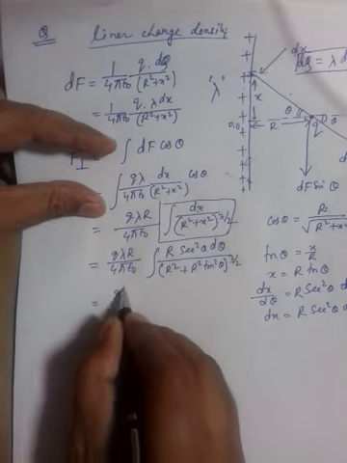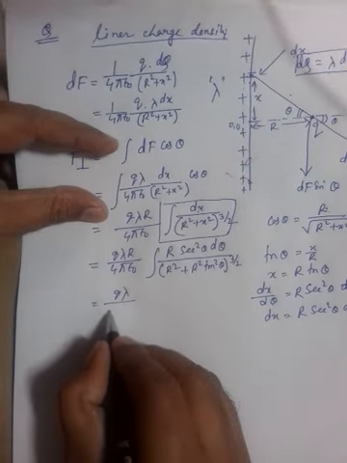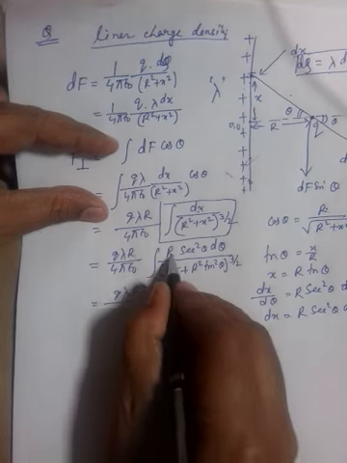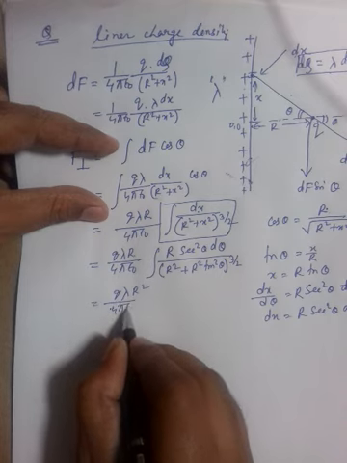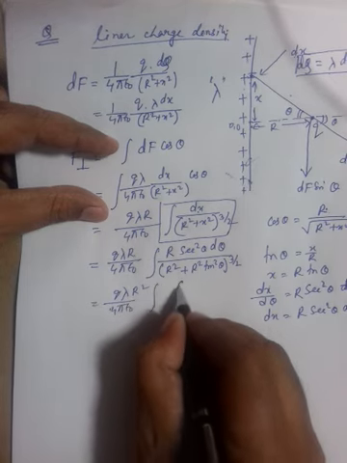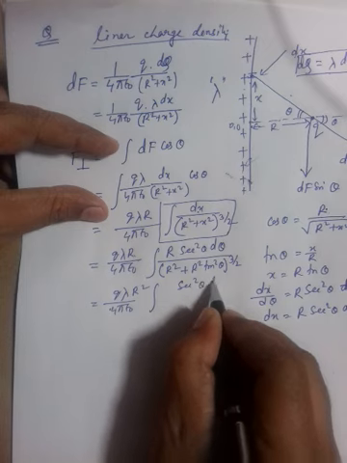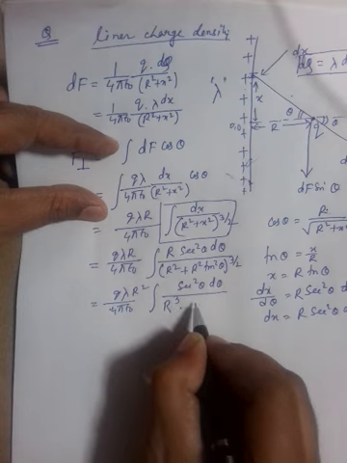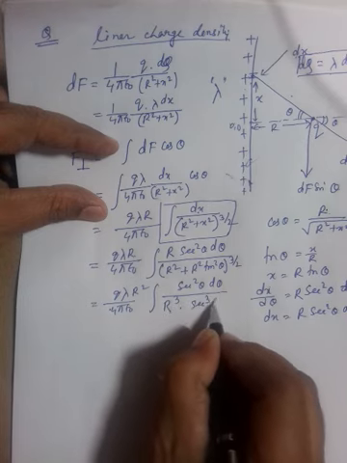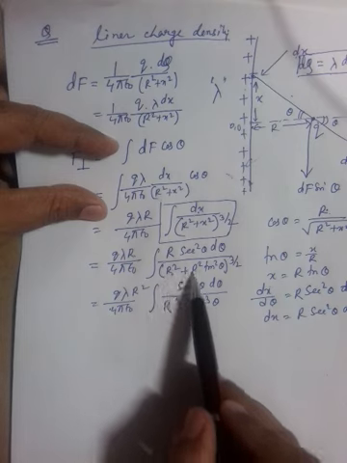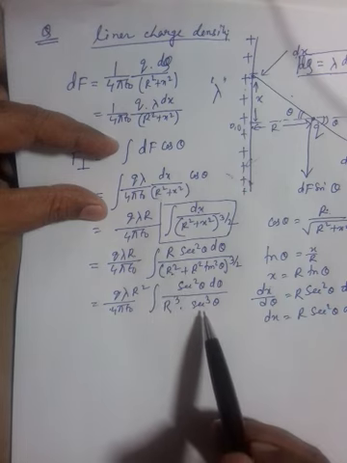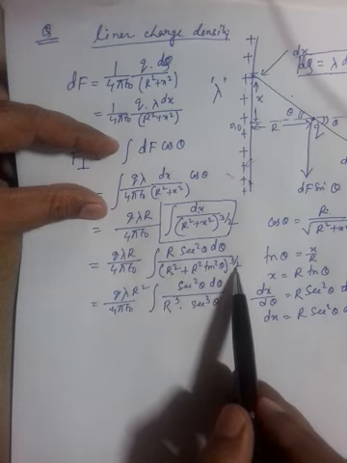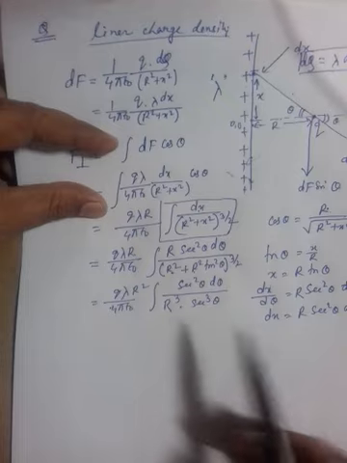Look at qλ r², one r already there and one r coming from here, by 4πε₀. It is sec²θ dθ divided by r³ sec³θ. Why sec³θ? Look, r² is actually common. 1 + tan²θ is sec²θ, so it is r² sec²θ to the power 3/2. So the 2 cancels, and all comes in cube.